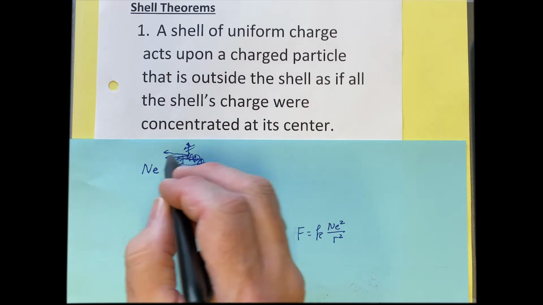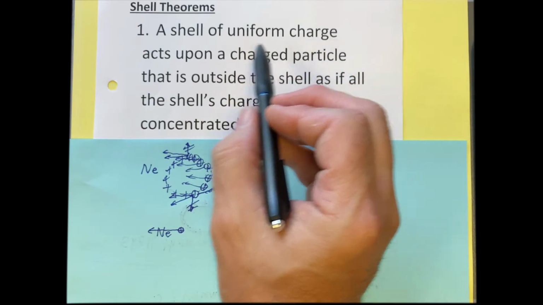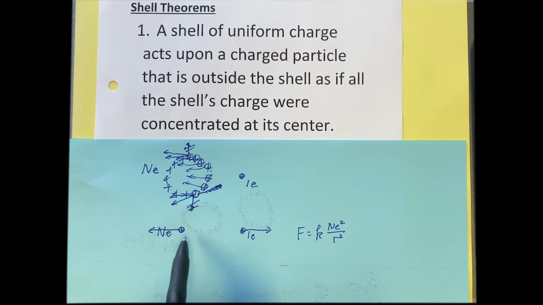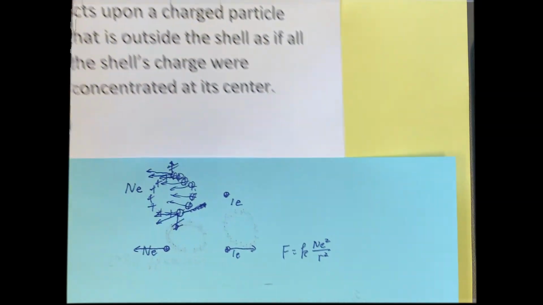That all of that distribution of a uniform charge distribution is going to act just like it's a point charge at the center of the distribution, and that's a problem that you know how to solve. That's the first shell theorem. So quite often, what appears as a complicated problem reduces down to a very simple problem once you apply the shell theorems. All right. So that's the first shell theorem.